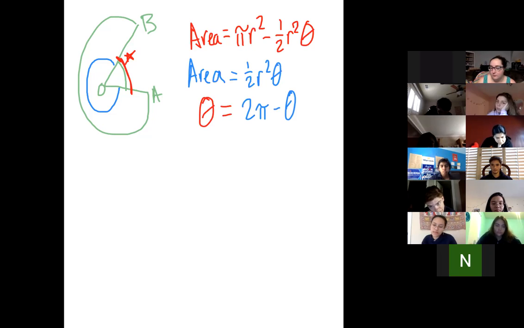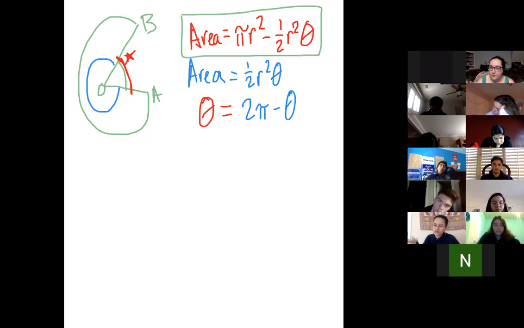Why did I do 6 pi? I literally did that. I was like 6 pi minus. It is 6 pi, but then you just plugged it in the wrong place. The area of the logo is 6 pi. So I'm going to do it this way.